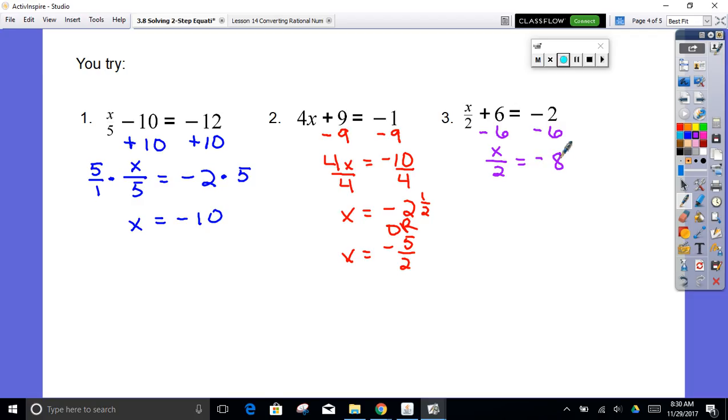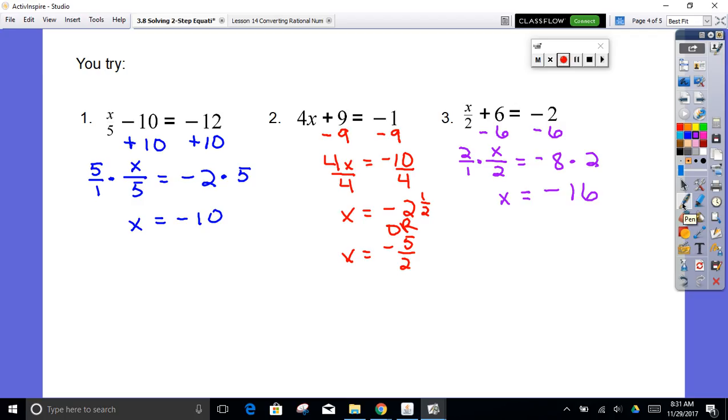Okay, now what? Then we would multiply it by 2. Good. Multiply by 2, and you can make it 2 over 1 if you want when you do that. And so we end up with 16. We would have x, 1 here, 1 here, and then -16. Good. Okay, any questions about number 3?